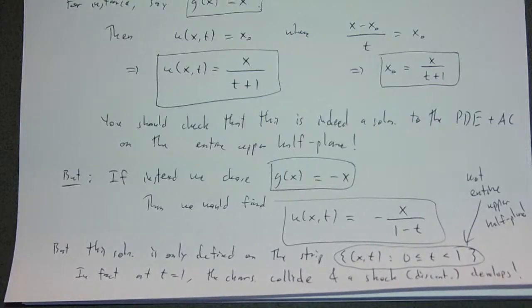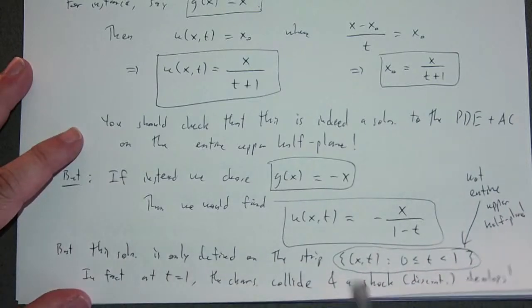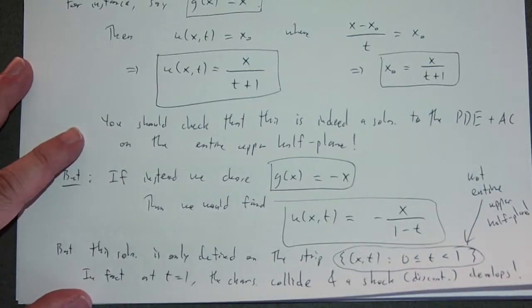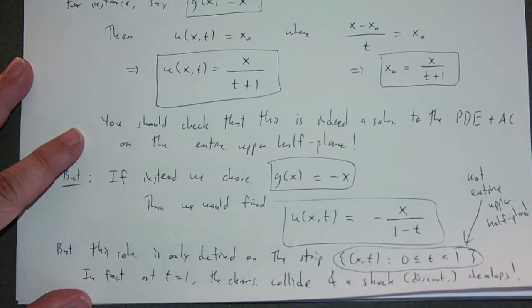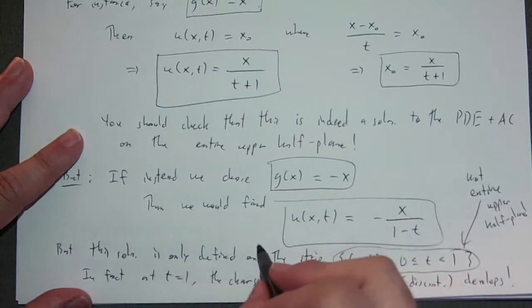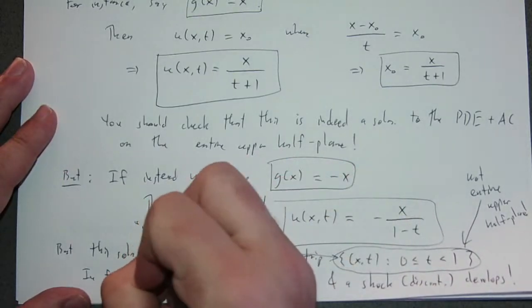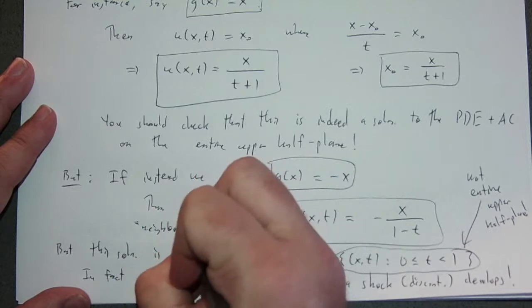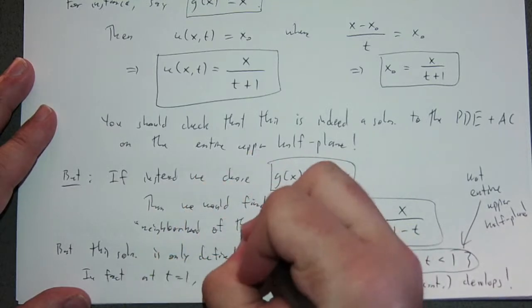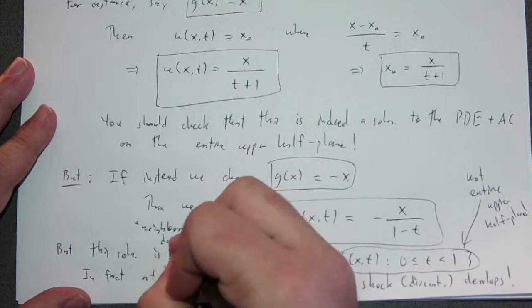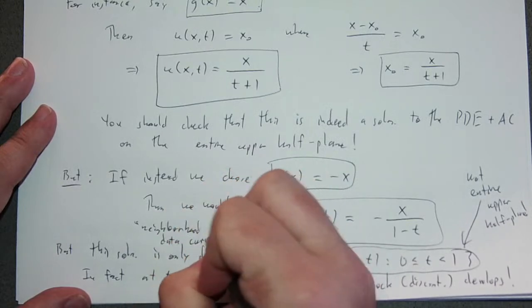So the way that this works then is instead, the best we're going to hope for is under the right conditions, we can get a local existence, meaning that in a neighborhood of the data curve. So this strip is a neighborhood of the data curve. The data curve here is just the x-axis, or the t equals 0 axis.